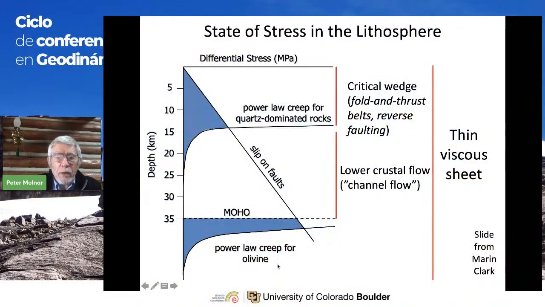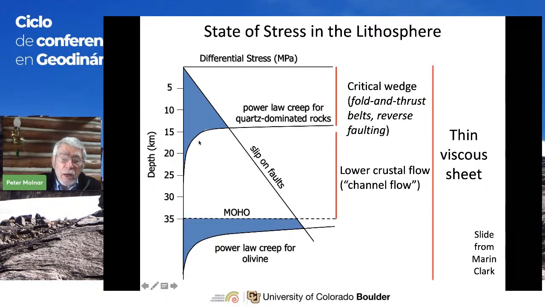If one looks at a profile of differential stress with depth through the crust, the Moho would lie here. The brittle upper part is where the critical wedge applies: fold and thrust belts, reverse faulting, and the resistance to deformation is dominated by friction.